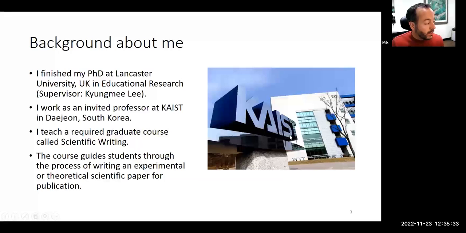Okay, so I'll skip some of this introduction because Kyungmi's done a nice job of already introducing me, that she's my supervisor. But one thing I do want to tell you about myself is that I teach a class called Scientific Writing at KAIST. That's the primary class that I teach. And all the students at KAIST major in science and engineering fields.